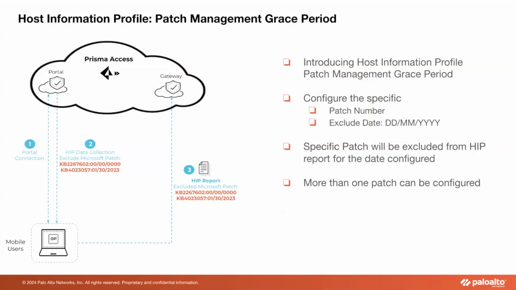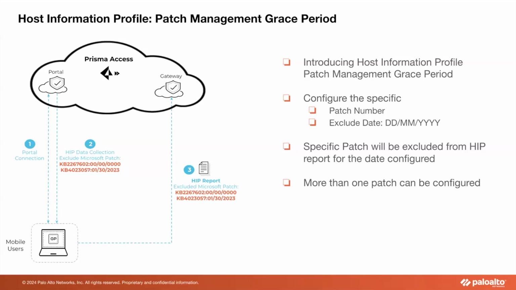So we have introduced a host information profile patch management grace period, where you can configure the exception for the particular patch number and maybe exclude it for a day, or you can exclude it from the HIP report forever.